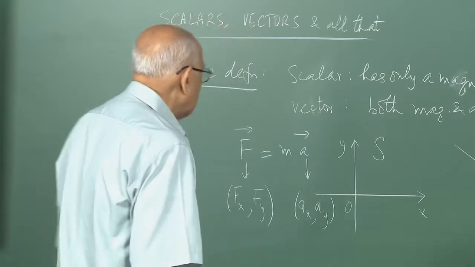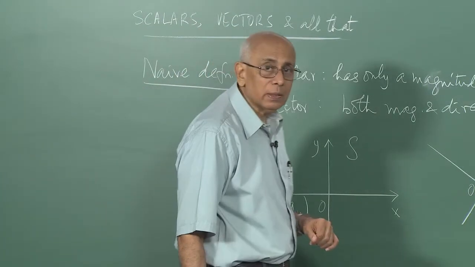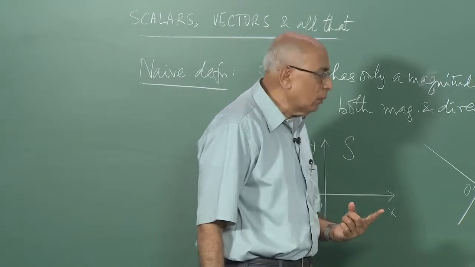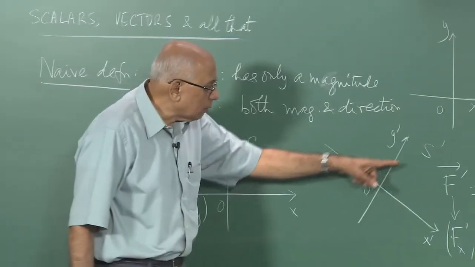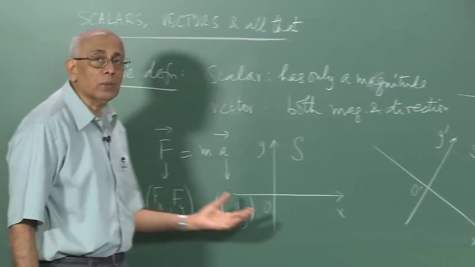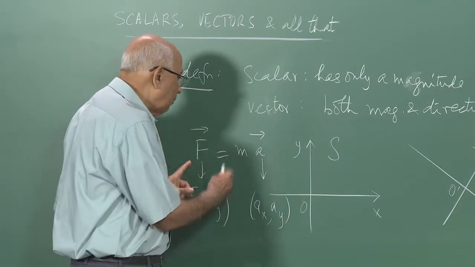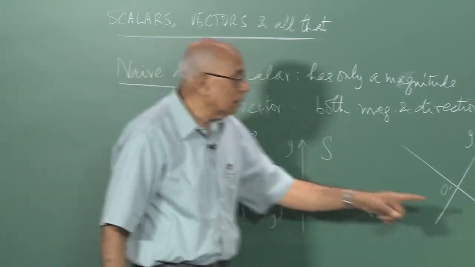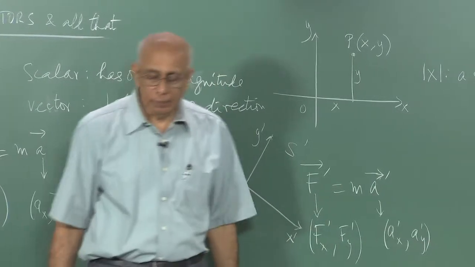In other words, this quantity f and this quantity a, vectors, must carry a dictionary in their very meaning, which tells you that if you tell me how the coordinate system S prime is situated with respect to the coordinate system S, and you give me this rule f is ma, then I predict for you what the numbers fx prime, fy prime, ax prime and ay prime are.